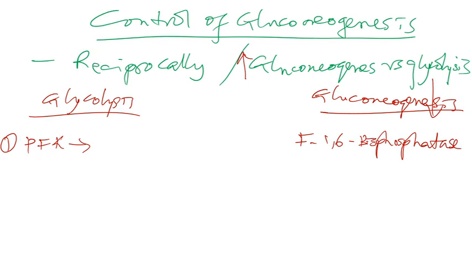So as you would have it, these enzymes are activated and inhibited by different small molecules. For example, phosphofructokinase is activated by fructose 2,6 bisphosphate, so it has a positive effect.